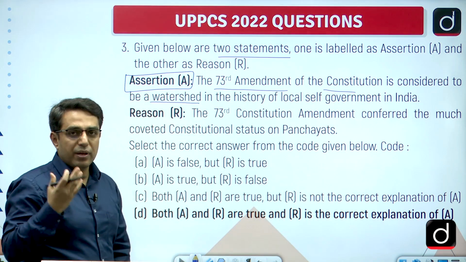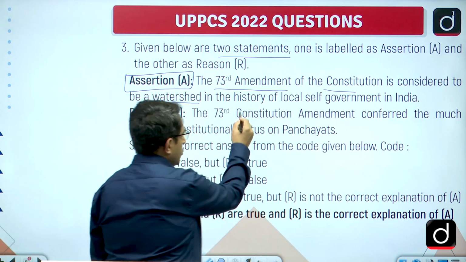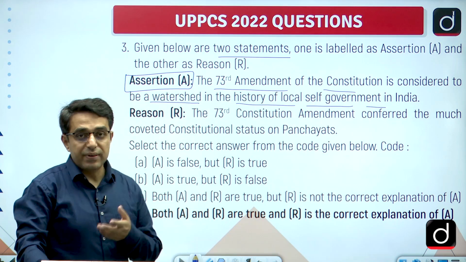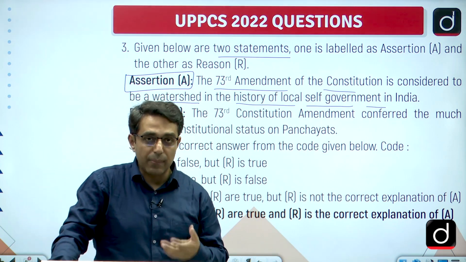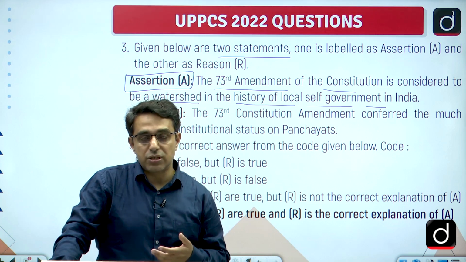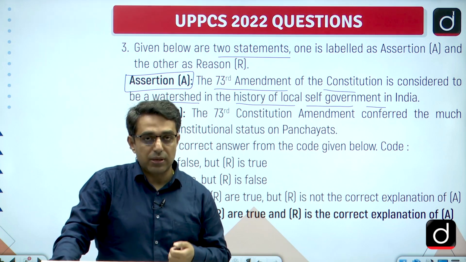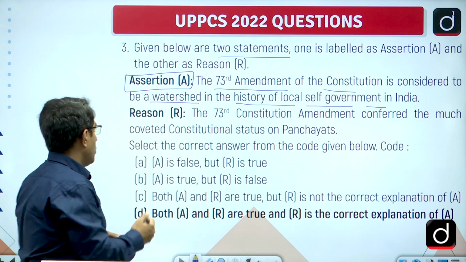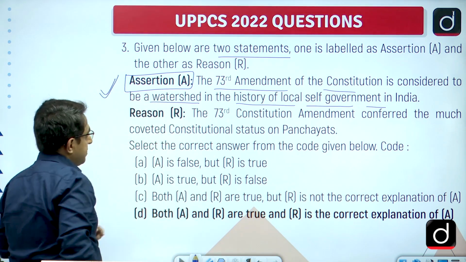Watershed means a very important event in the history of local self government in India. We know that the 73rd Constitutional Amendment Act gave constitutional status to the Panchayati Raj institutions, and it is a landmark event, right. So, the assertion is definitely correct.